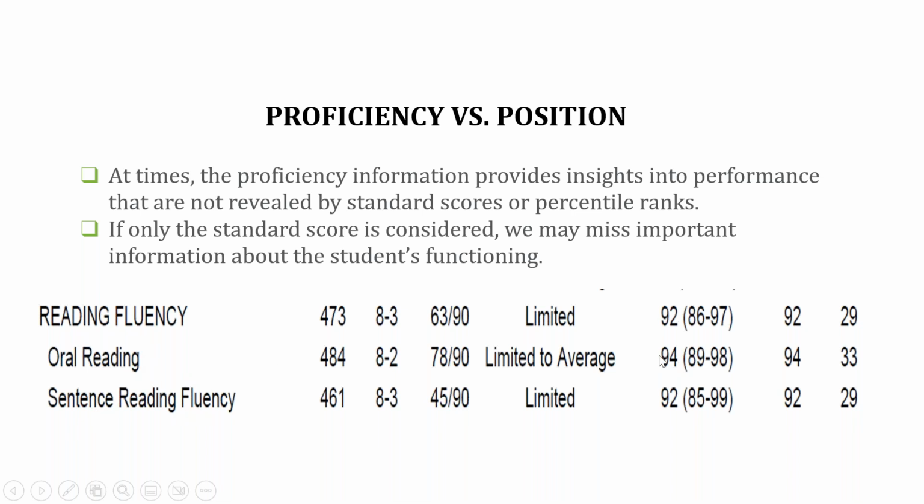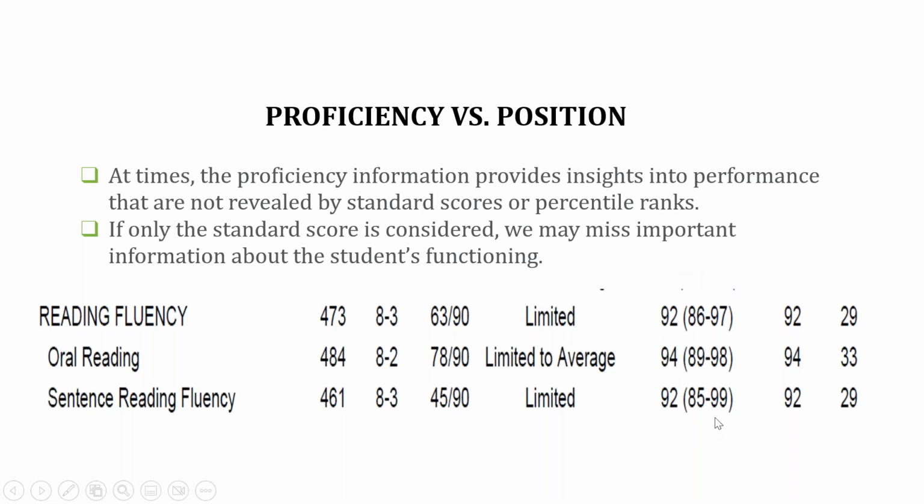So if we go over and look at those standard scores of 94 on oral reading, 92 on sentence reading fluency, again, understanding that these standard scores are telling us the student's place in line in relation to the normative sample, that these standard scores are not describing functioning, right?